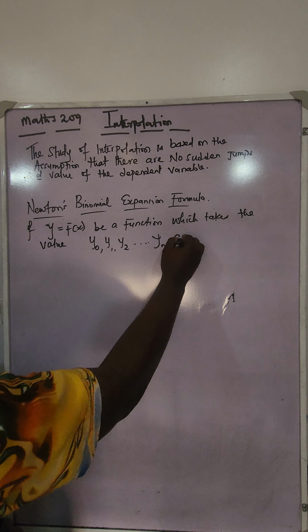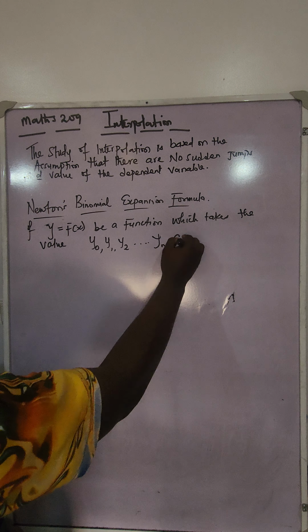So here should be y naught, here should be y1, here should be y2, here should be y3, and here should be y4. So it means that the forward difference to the power of 4 of y naught is y4 minus 4y3 plus 6y2 minus 4y1 plus y naught. That's what it means.